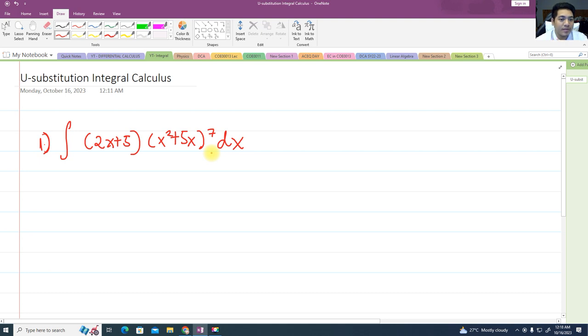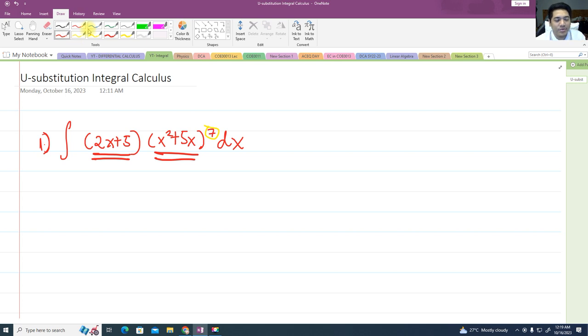In the first encounter of this problem, you would see that this might seem a hard problem because of the power of 7. So the question that comes to your mind is, am I going to expand this product or not? But if you look at it carefully, we have a first term of 2x + 5, and we have here (x^2 + 5x)^7.